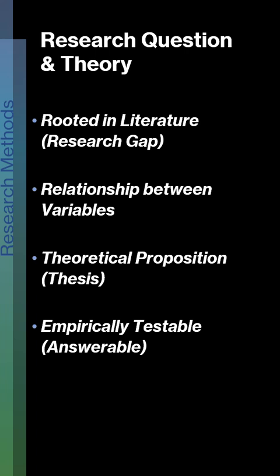So we're getting specific enough about context, about what we're looking at, that we can then go in and say, all right, we can answer this question by looking at facts or data. And of course, how we do that is what research design is about. But like I say, it starts with this finalized research question and a theoretical proposition about what the answer to that question is. When you've got that, you're ready to start talking about what type of research design to use.